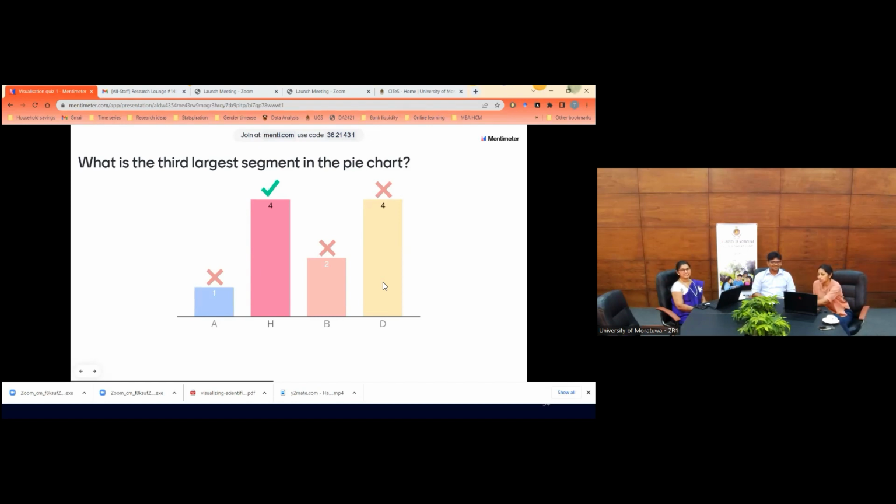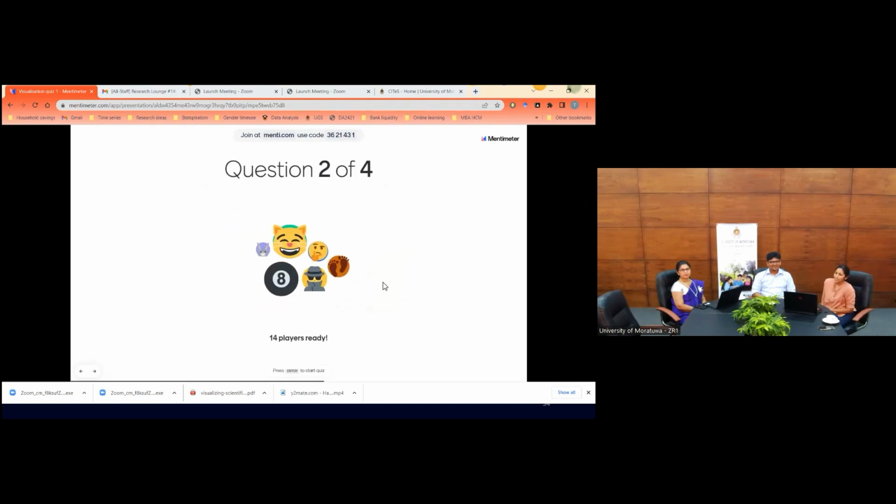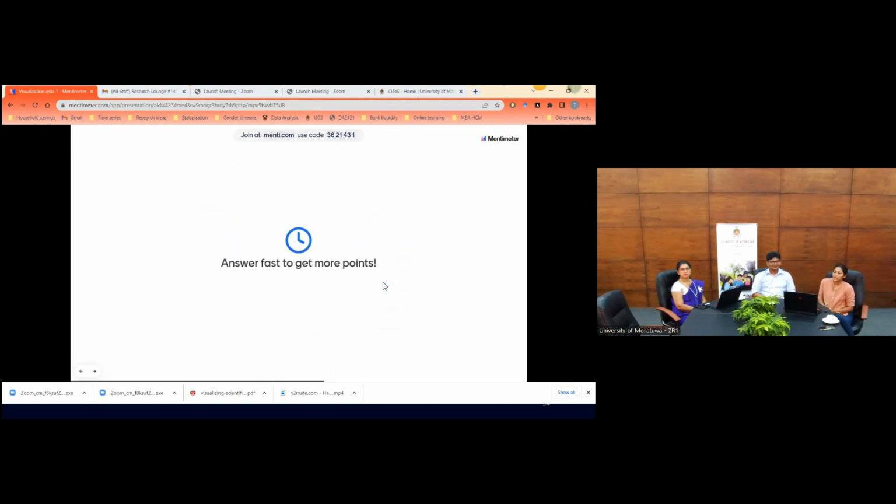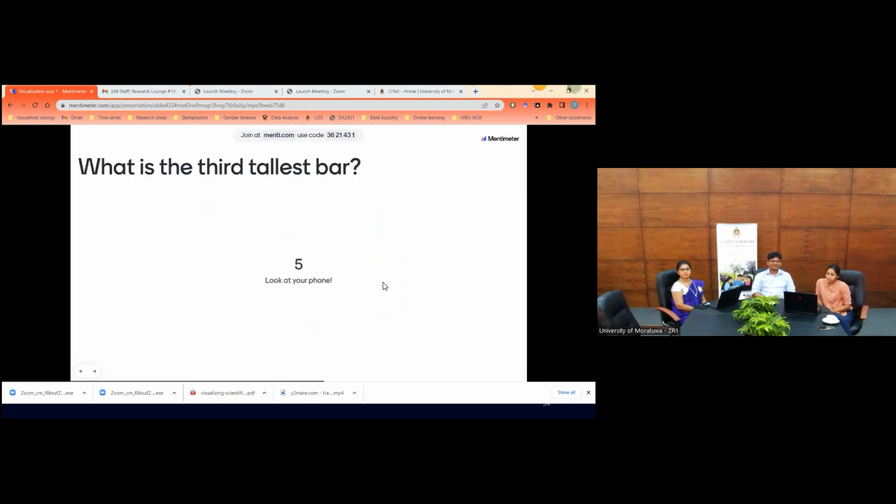Okay, so let's move to the next one. Now we need to identify the third tallest bar in the bar chart.